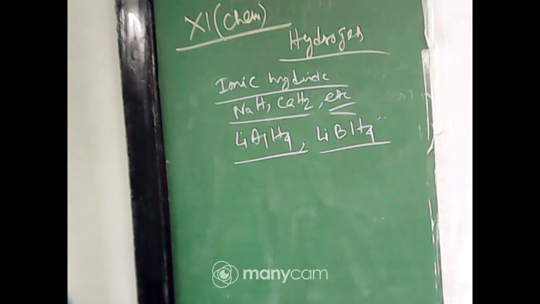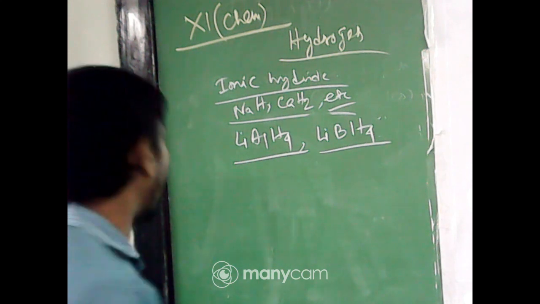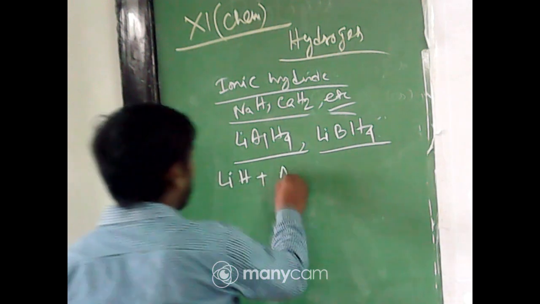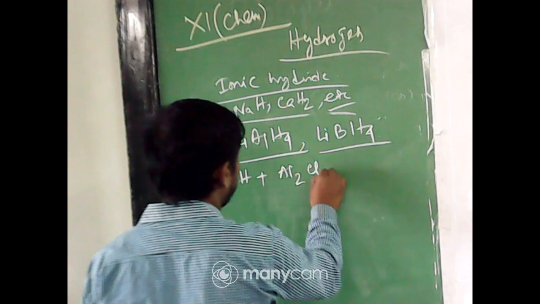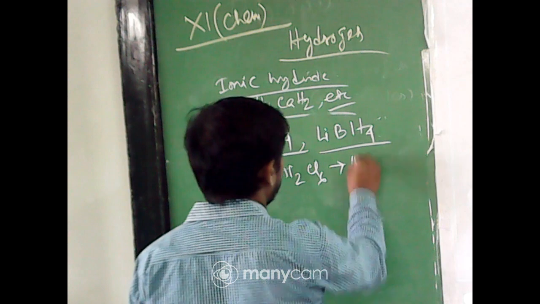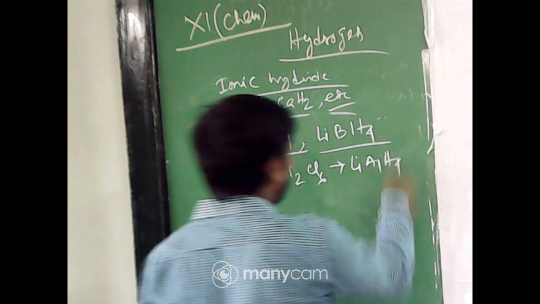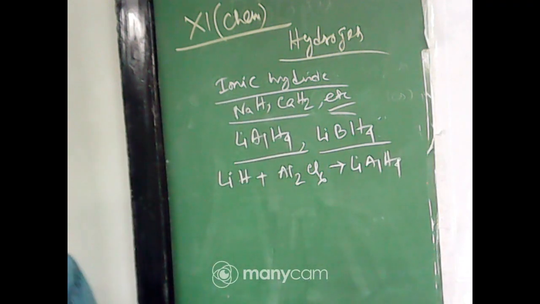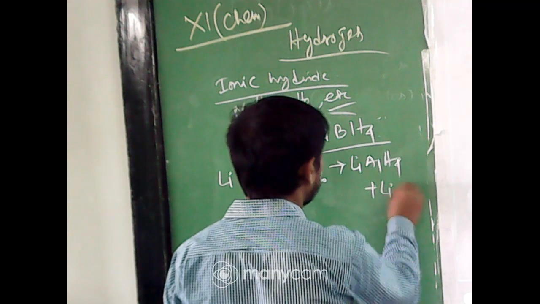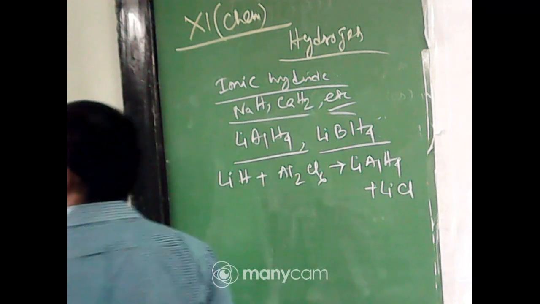And how is this formed? When lithium hydride reacts with the dimer of aluminium chloride, Al2Cl6, it forms lithium aluminium hydride and LiCl.